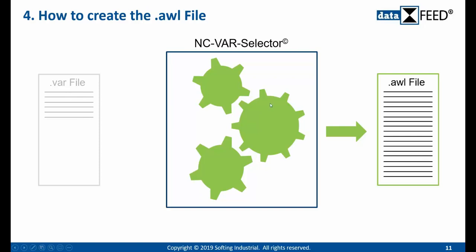Maybe you import that and you can see it contains only 5 variables, and after that you can add or delete specific variables, and what comes out from the NCR Selector is an .awl file, which is needed to access the NCK part of the SINUMERIK.